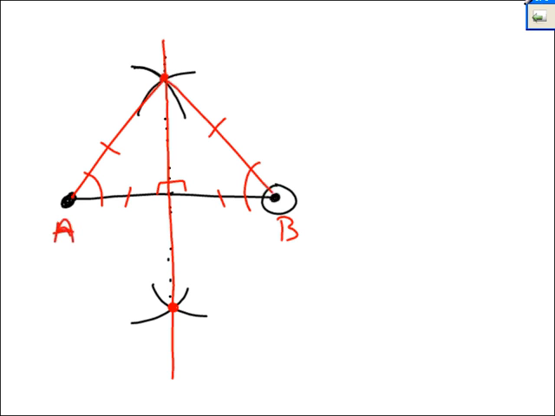Trying to figure out how I'm going to convince you that there's right angles. These two sides are the same in the left triangle and the right one. Well, actually, we never really showed yet that those were equal.